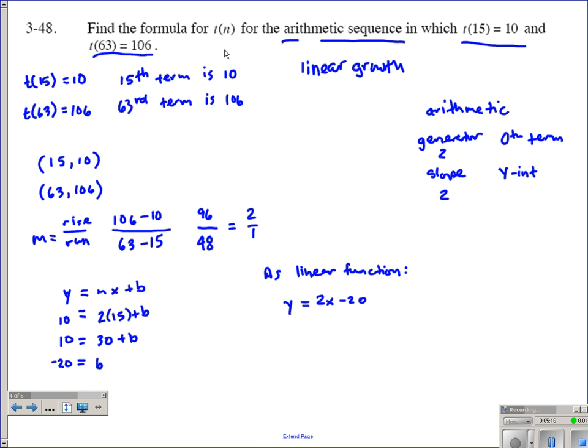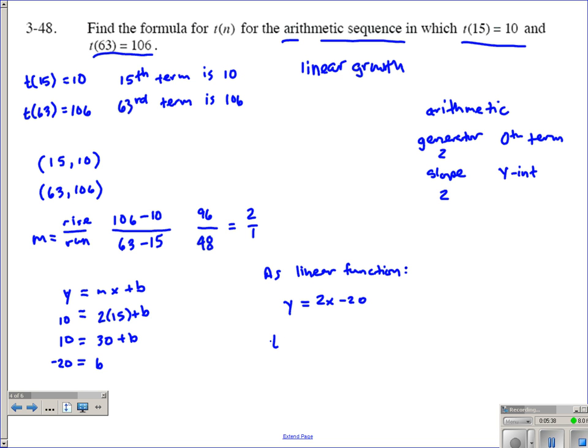But remember, we're not asked for a linear function, we're asked for the sequence. And remember, there's a difference between linear functions and sequences. A sequence is going to use discrete data, where a function typically is going to have continuous data. So we need to make sure that we rewrite this in the correct form for our arithmetic sequence.